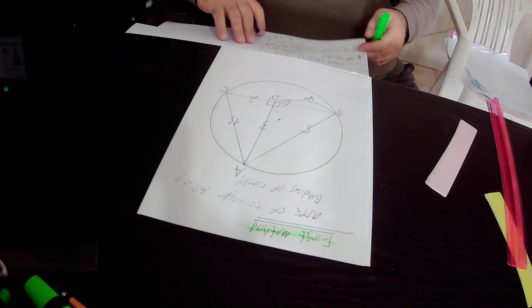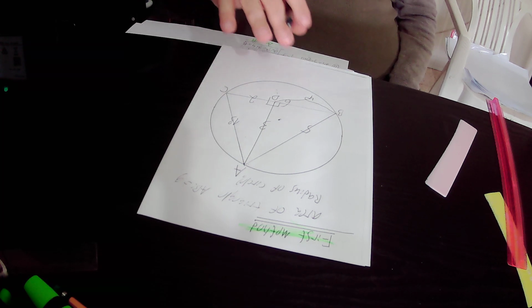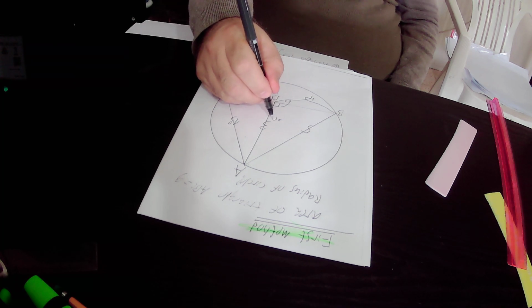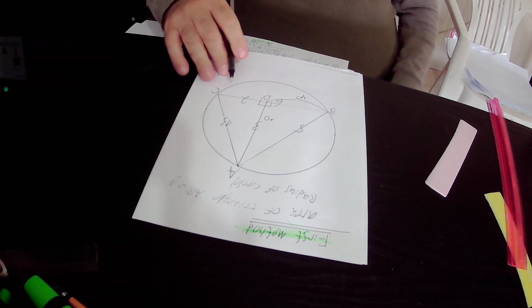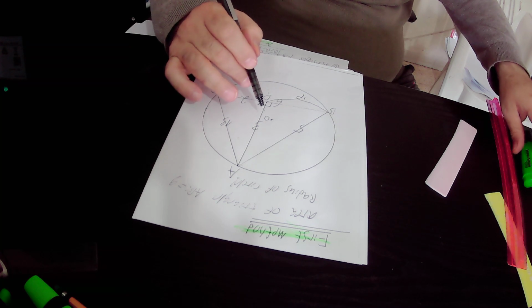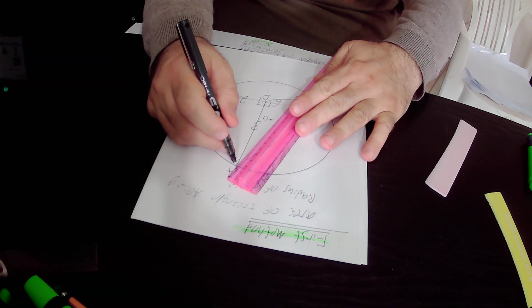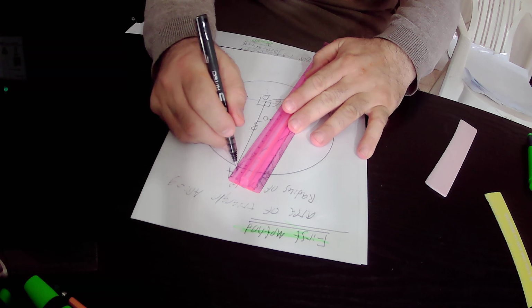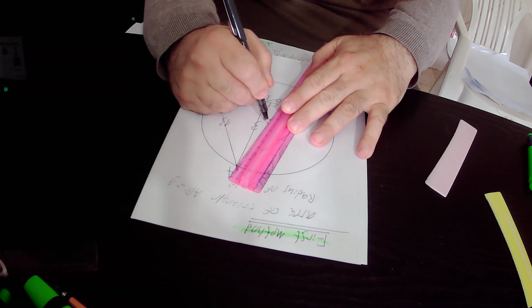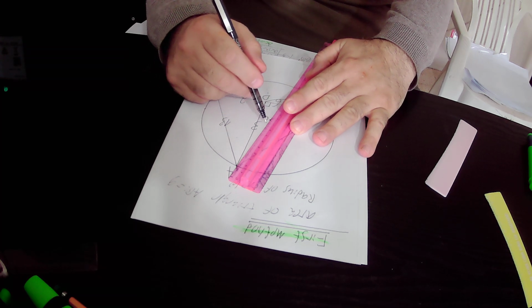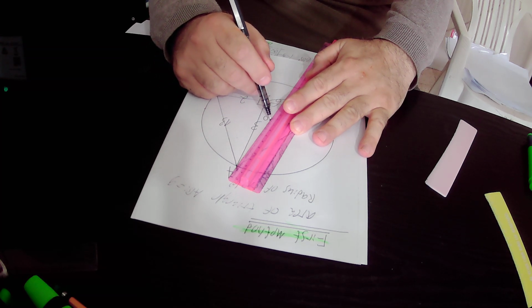In the next step we will define the center of this circle as O, and we will join points O and A together by a straight line. And then we will extend AO by a straight line until it touches the circle.